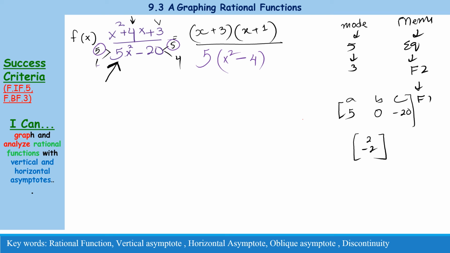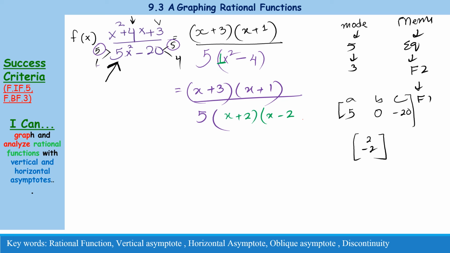Now you can factor x square minus 4 as x plus 2 and x minus 2 from the calculator even, because here with the x square, the a is 1. Now it won't give you any error. So here you will write x plus 2 and x minus 2.